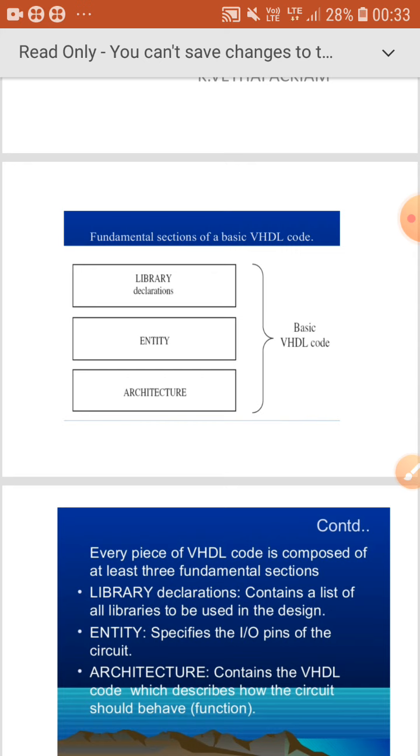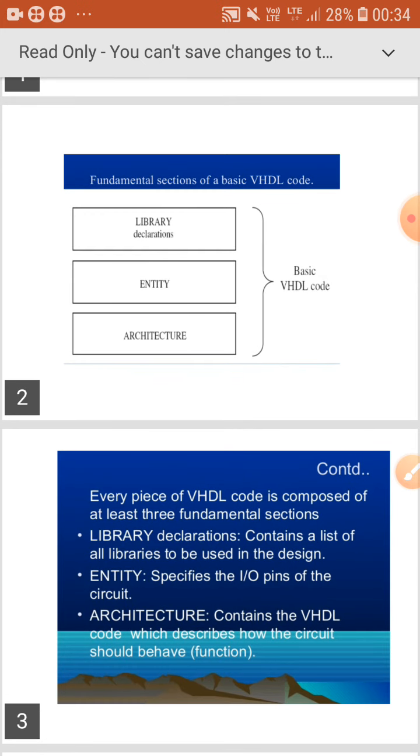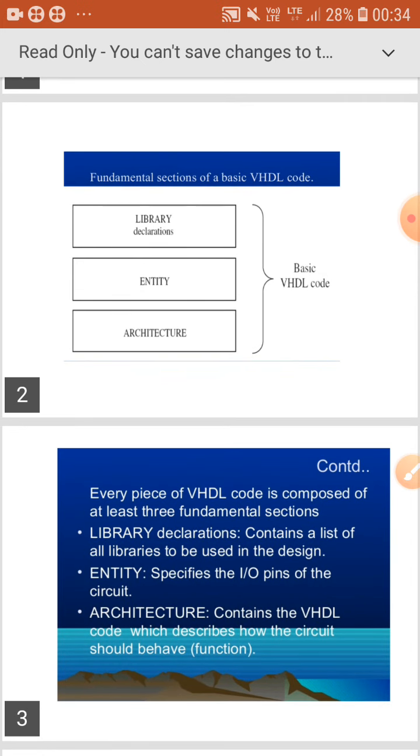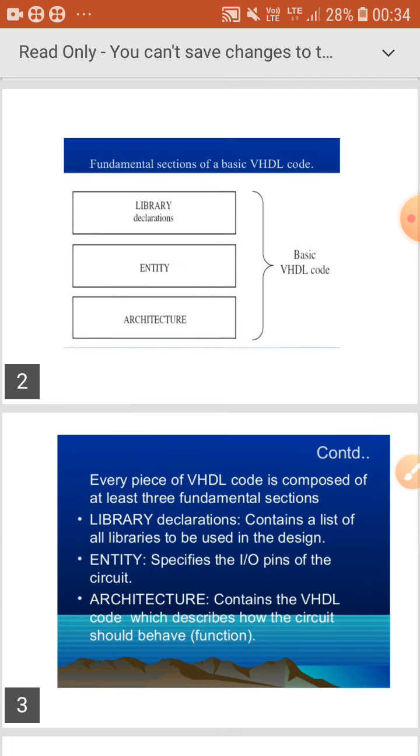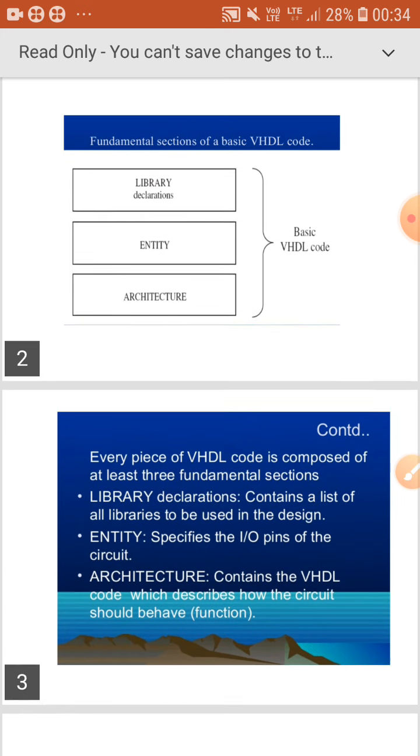The main parts of a VHDL program are entity and architecture. In a C program we include header files on the top. Similarly here we include a library on the top. Mainly a VHDL program consists of two parts, entity and architecture.